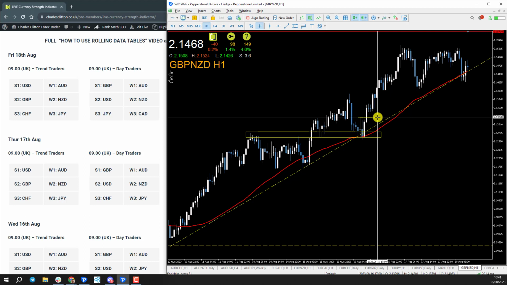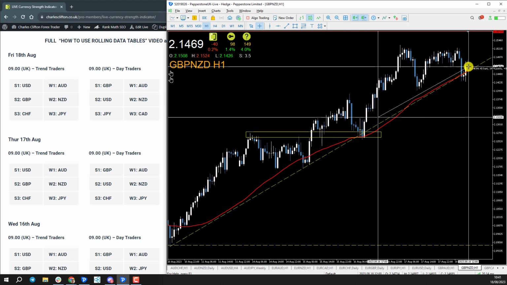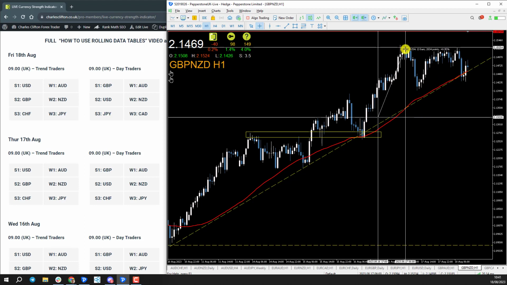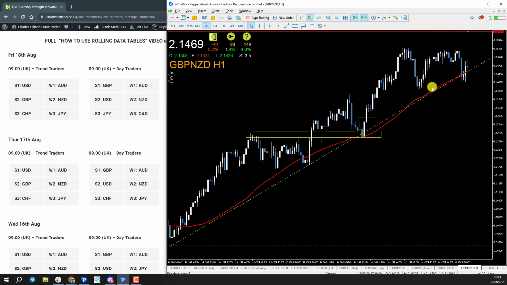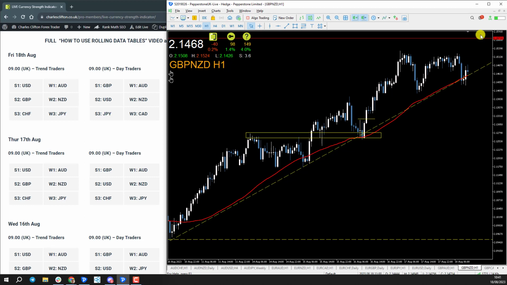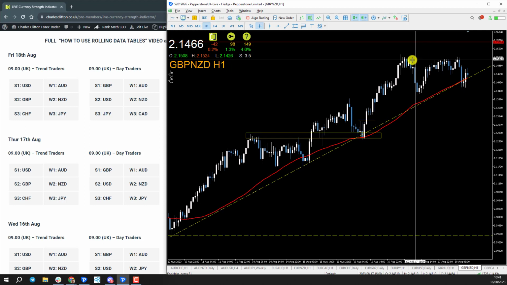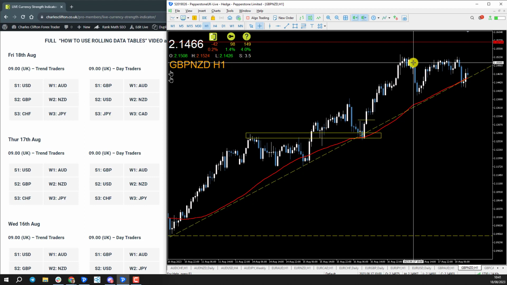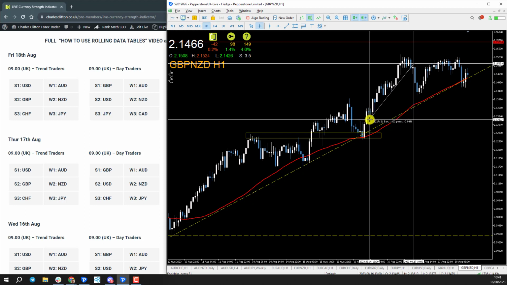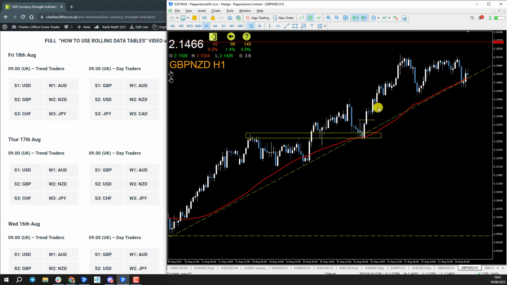If you did get long in here, you're currently about 147 pips up. At one point, we were around 200 pips up. So depending on how you want to play this market now, the target is obviously a little bit higher, which is 2.1570. Actually, the first target was 2.150. So if you did have that position in here, you have banked 180 pips in profit.